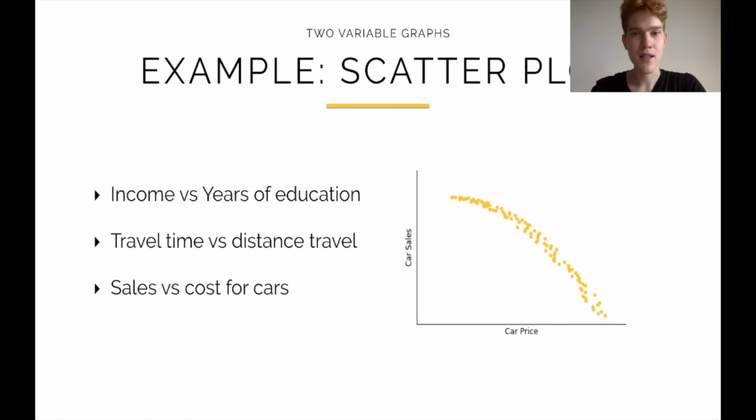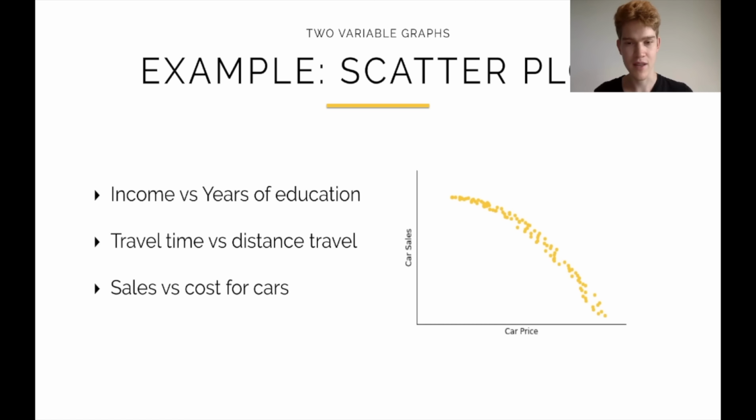And so some examples where we could use scatter plots would be, if we look at the graph on the right, something like a car price versus the number of cars sold. So each of these data points pretty much represents a car price, and then the x-axis tells us the price that the car has been sold at, and the y-axis tells us the number of cars that have been sold at this price. And so what we see here, very easily, is that the more the car is priced, the less it gets sold.